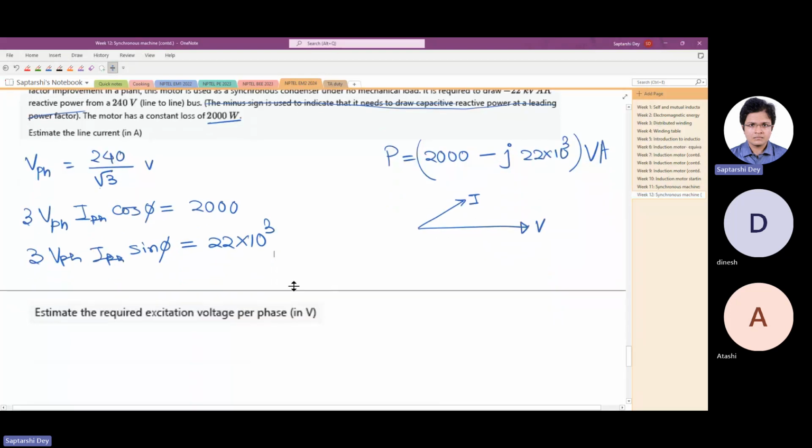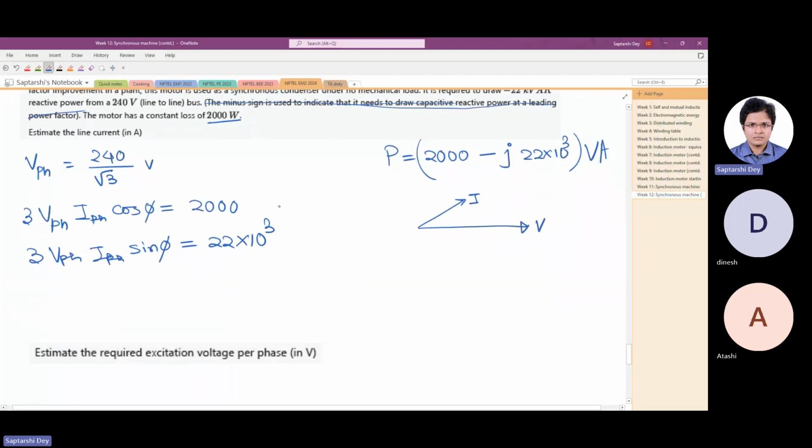Only thing what you don't know here is the current, so what we can do is from 1 and 2 we can do 1 squared plus 2 squared.